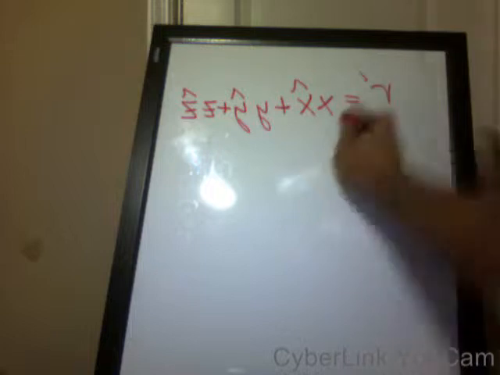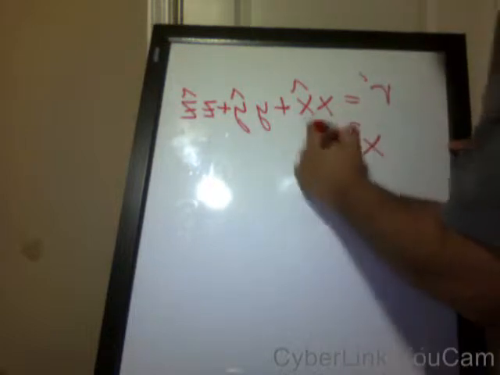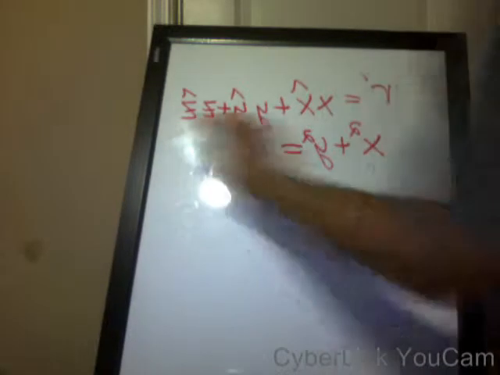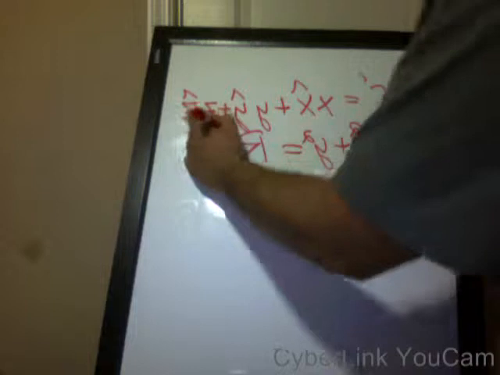And of course, you have x squared plus y squared equals R squared.